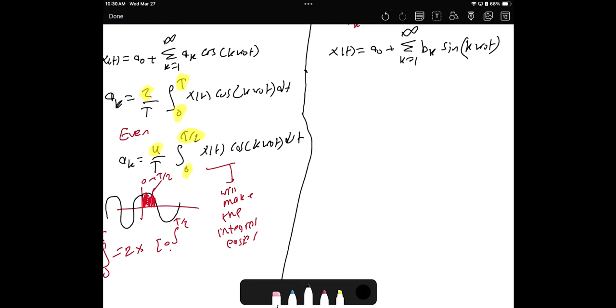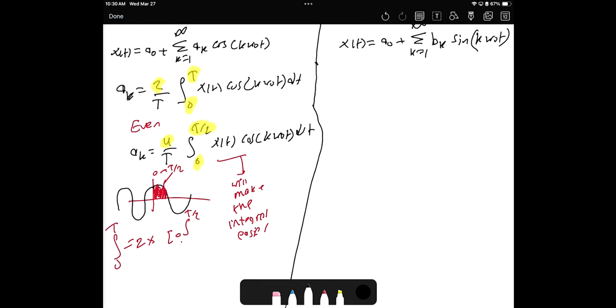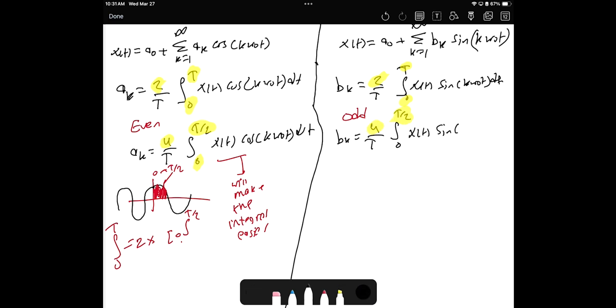How about odd symmetry? If it is odd, very similar to what we do here, b_k will be 2 over T, the integral from 0 to T, x of t sine k omega naught t dt. Then the period is from 0 to T, and here comes 2. If it is odd, we can say b_k equals 4 over T, the integral from 0 to T over 2, x of t sine k omega naught t dt.